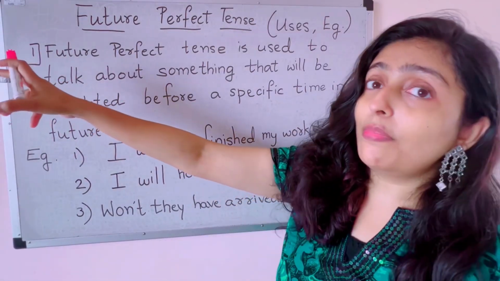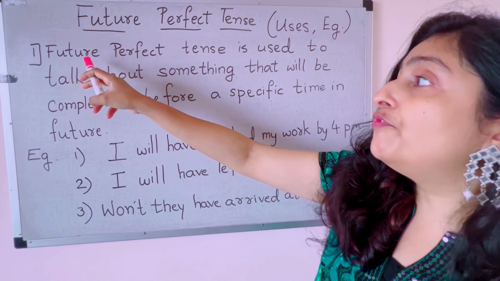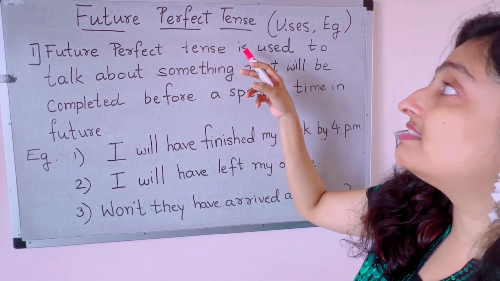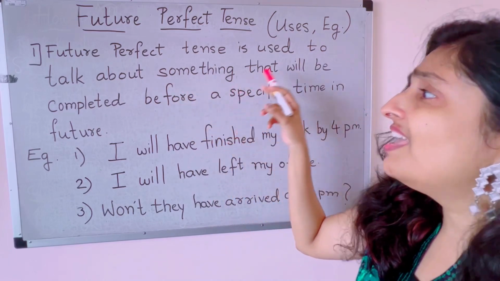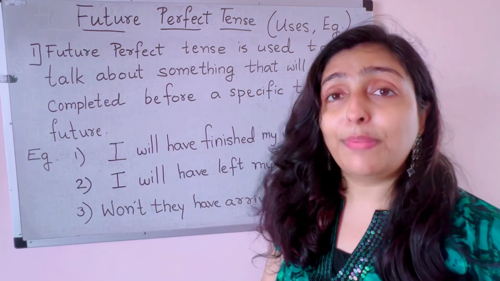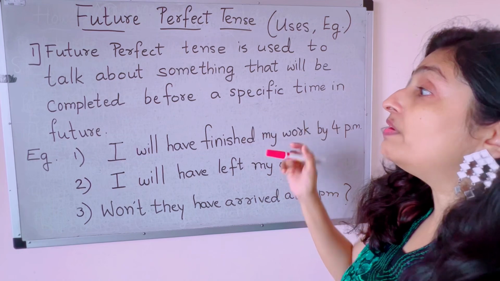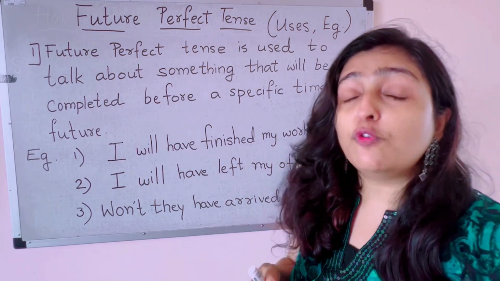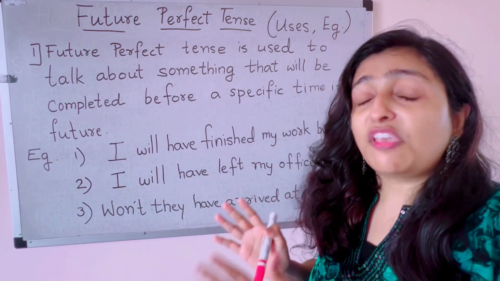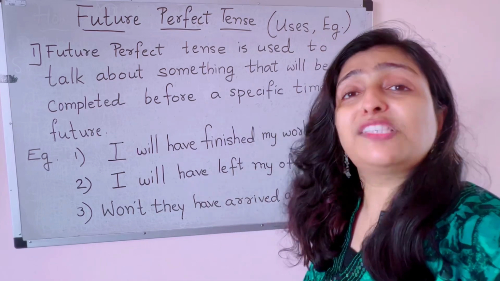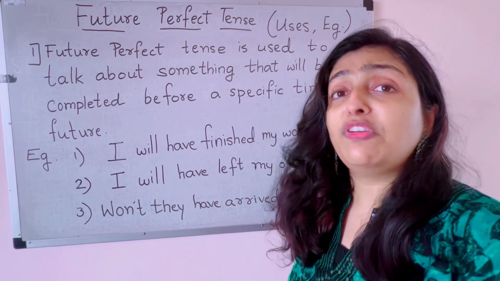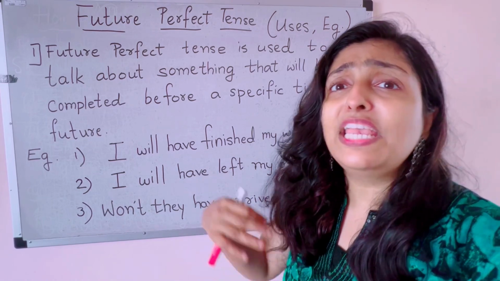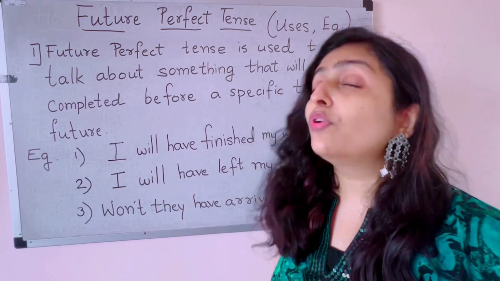Here comes rule number 1, and that is future perfect tense is used to talk about something that will be completed before a specific time in the future. It means if there is a time specified in the statement, then that action or event would have been completed even before that time.